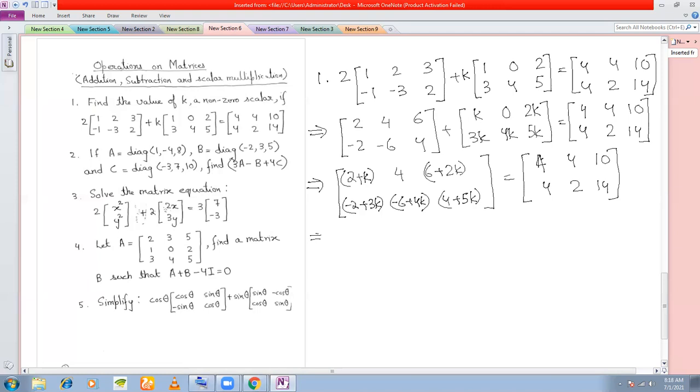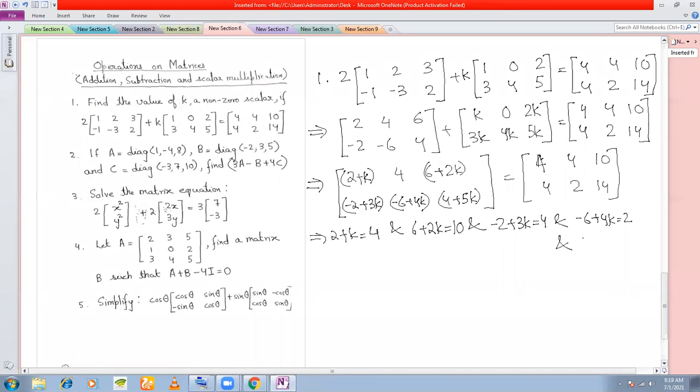So what are you getting here? 2 plus k must be equal to 4. And 4 is equal to 4, we don't write. 6 plus 2k is equal to 10. Minus 2 plus 3k must be equal to 4. Minus 6 plus 4k must be equal to 2.